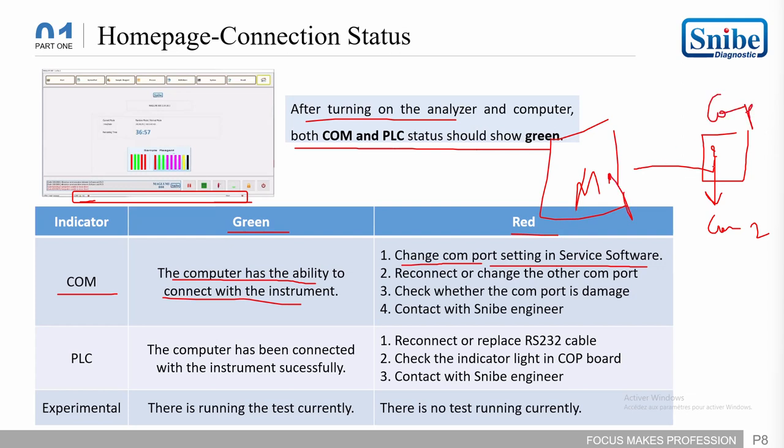If it's connected to COM port 2, you need to check that in the service software it is also COM2. If it's COM1, then it will not connect correctly. So change the communication port in the service software according to the communication port selected physically in the computer.